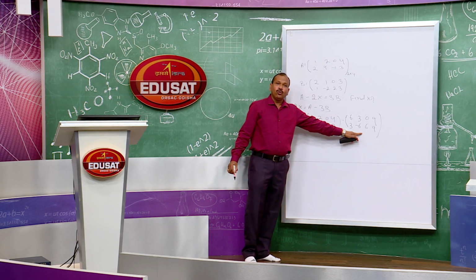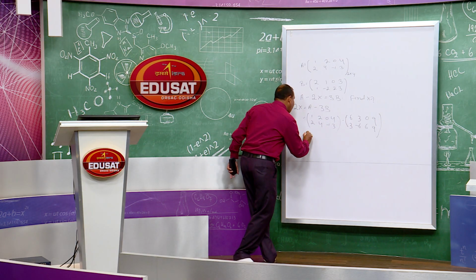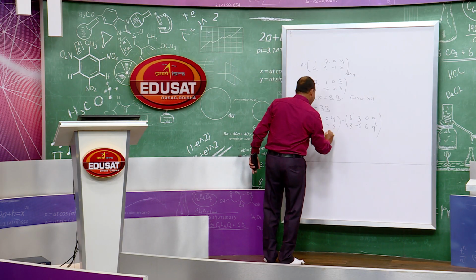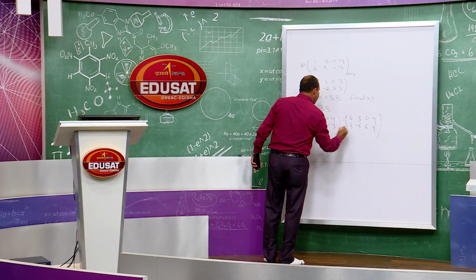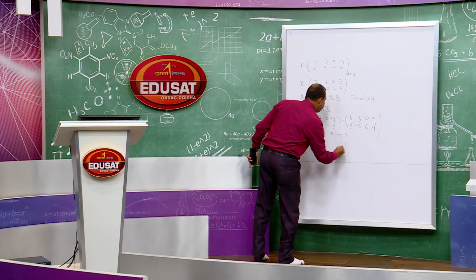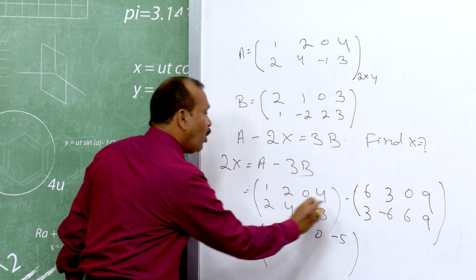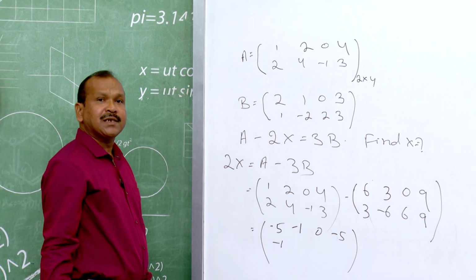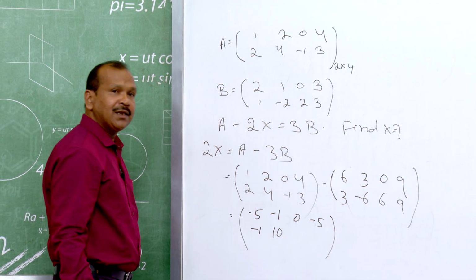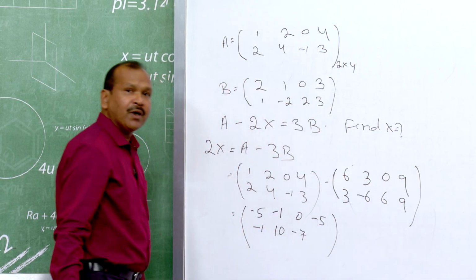Also this is a 2 cross 4 matrix, and we subtract. 1 minus 6 is minus 5, 2 minus 3 is minus 1, 0 minus 0 is 0, 4 minus 9 is minus 5, 2 minus 3 is minus 1, 4 minus minus 6 is 10, minus 1 minus 6 is minus 7, 3 minus 9 is minus 6.